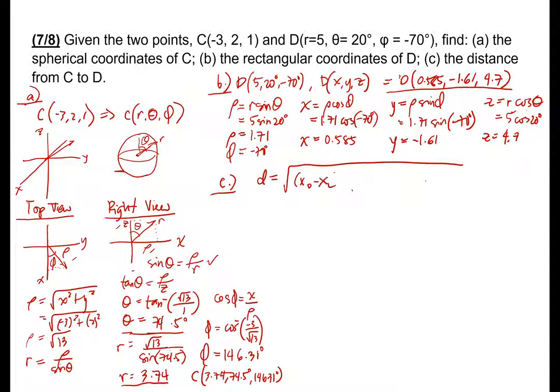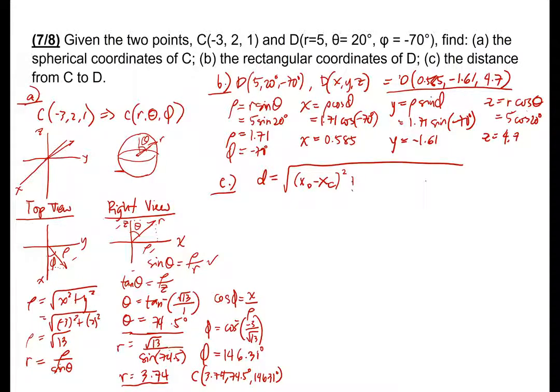If you notice, you can interchange xD and xC. You can use xC minus xD. Regardless, you will still get the same answer because this is squared. This is only magnitude, a scalar value.